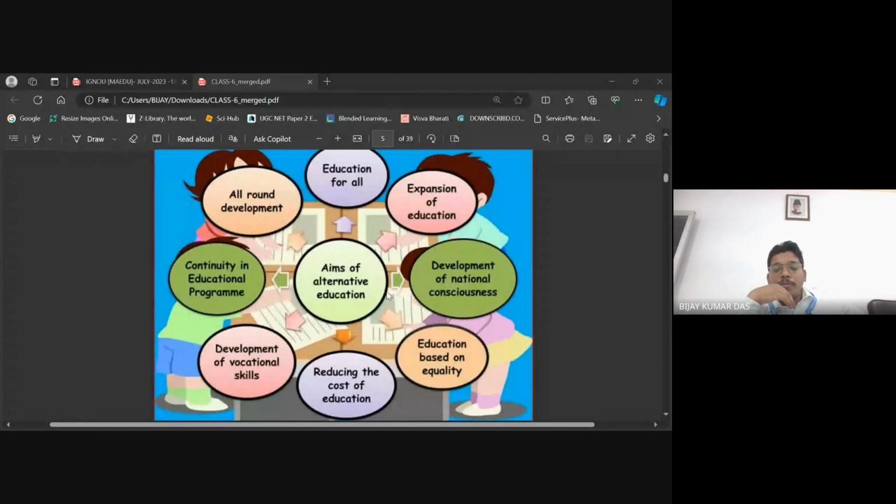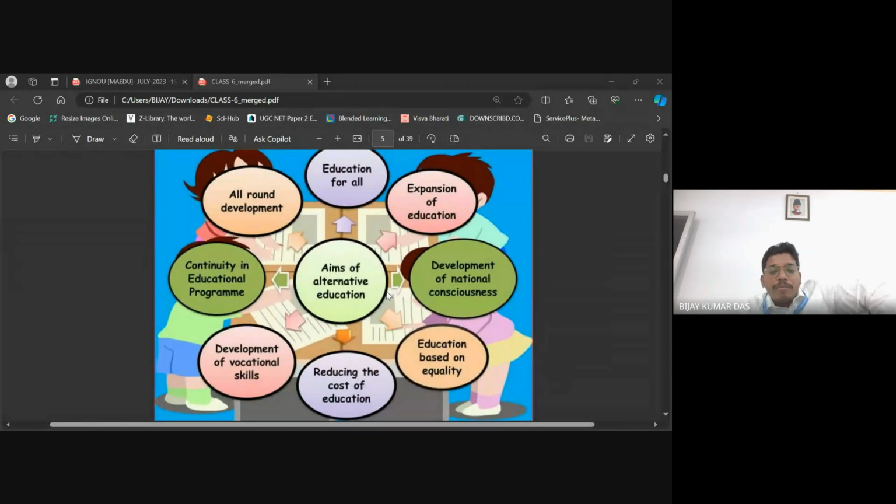The quality is being nurtured, and they are able to develop skills and training in vocational education, and they are earning from it later in life.